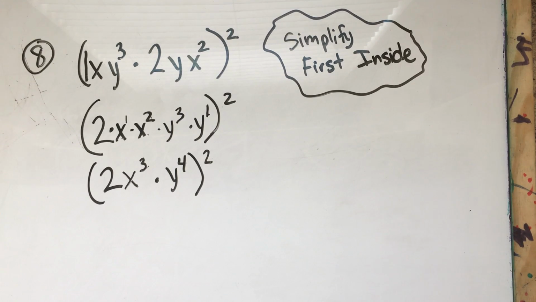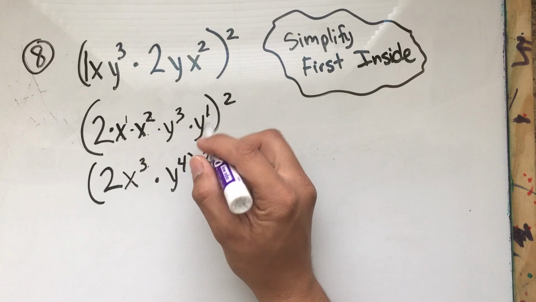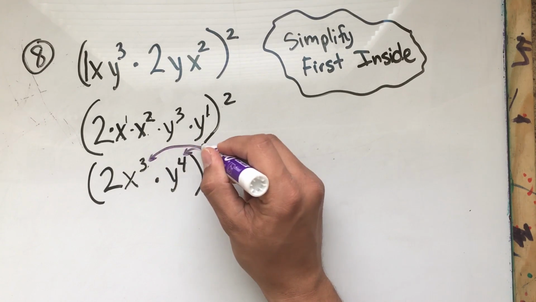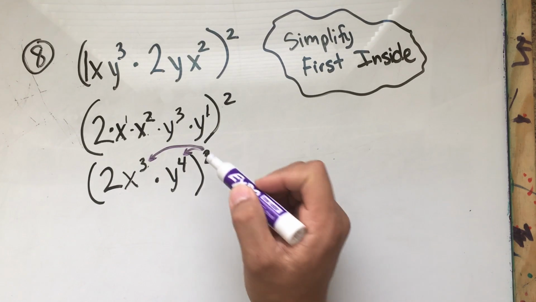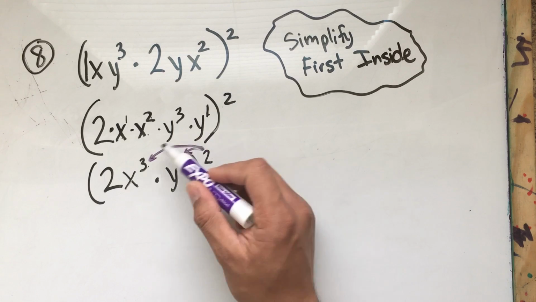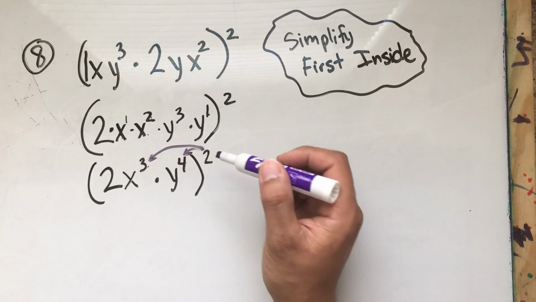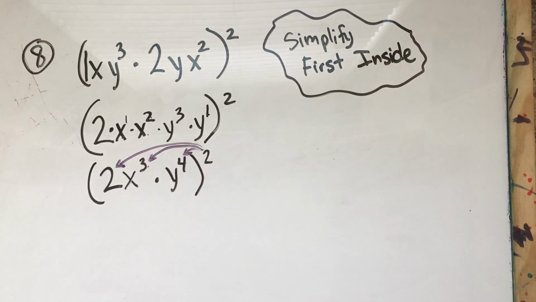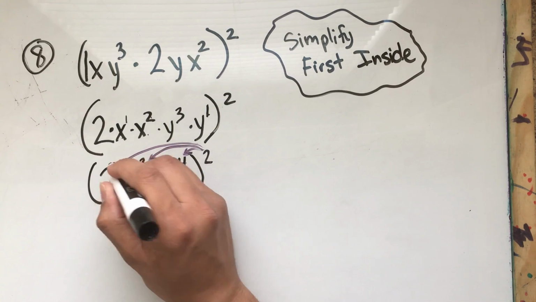So now that 2 is going to get distributed. Power to a power, the rule is to multiply. So the biggest mistake people make is that they multiply the 2 times the 4, 3 times the 2, and that's it. But they always forget to distribute to the number. The number is also being squared. So that has a power of 1.